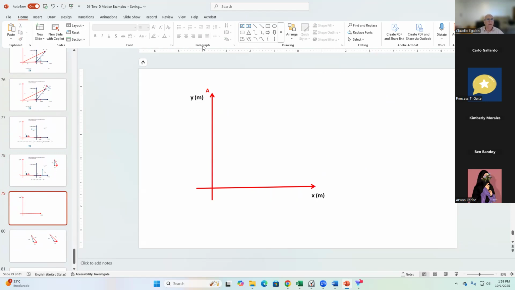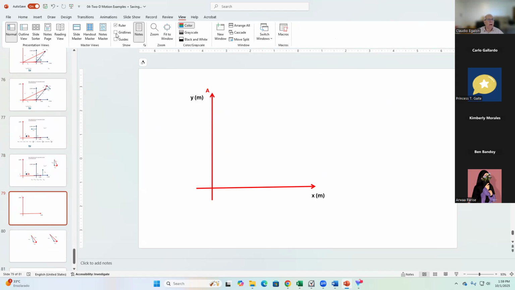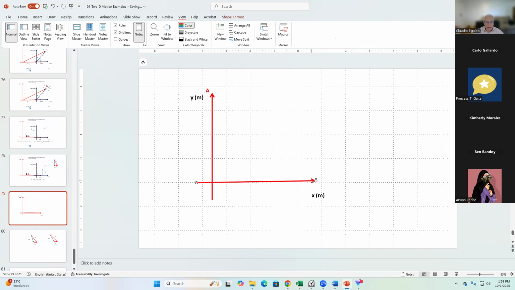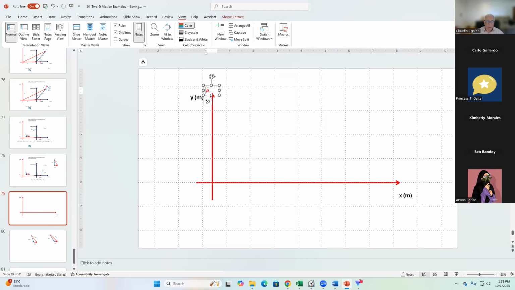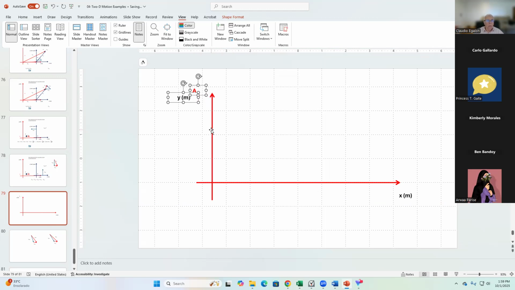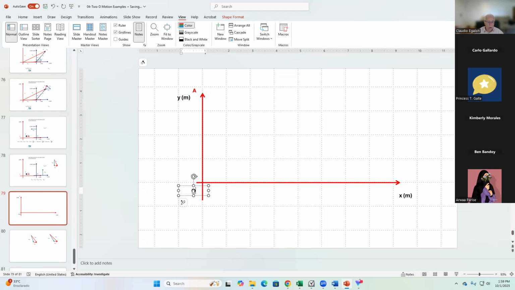Make sure it's horizontal, right? Make sure this one is vertical. There you go. And then I will call this one the origin O.